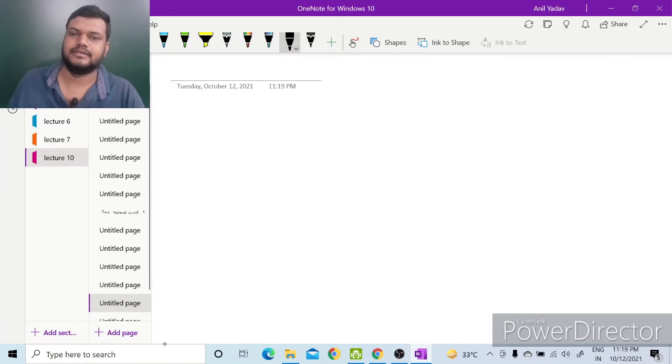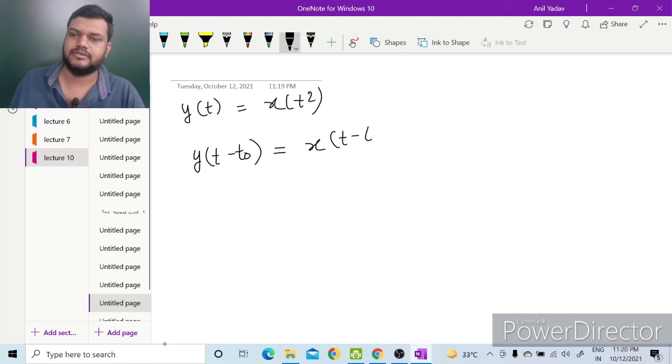Let us take another example. Let us say y(t) is x of t square. Now replace t with t minus t naught: x of (t minus t naught) whole square. Now give the input delayed by t naught, where the argument is t square minus t naught.